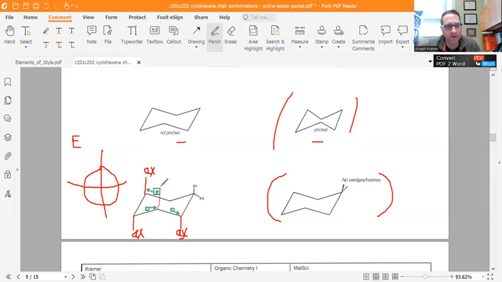So you see the necessity of having up, down, up, because if you had a level bond, how would you know if axial points up or axial points down? If you're taking notes, you should say axial is 100% up or 100% down.